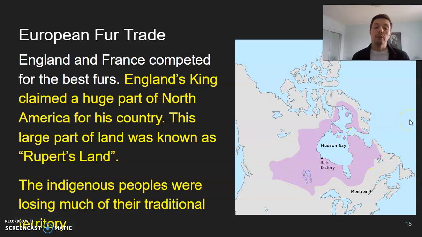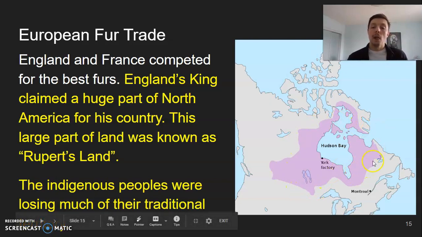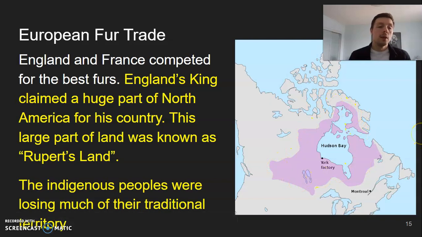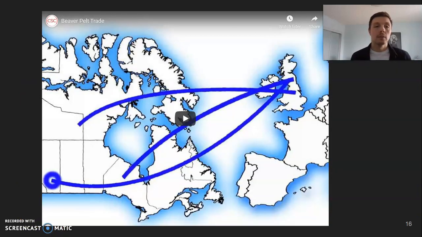Remember, the European worldview says that humans are able to purchase things and to own things and own nature. So the idea of claiming it would have been very new to most of the indigenous tribes. The indigenous peoples were losing much of their traditional territory.